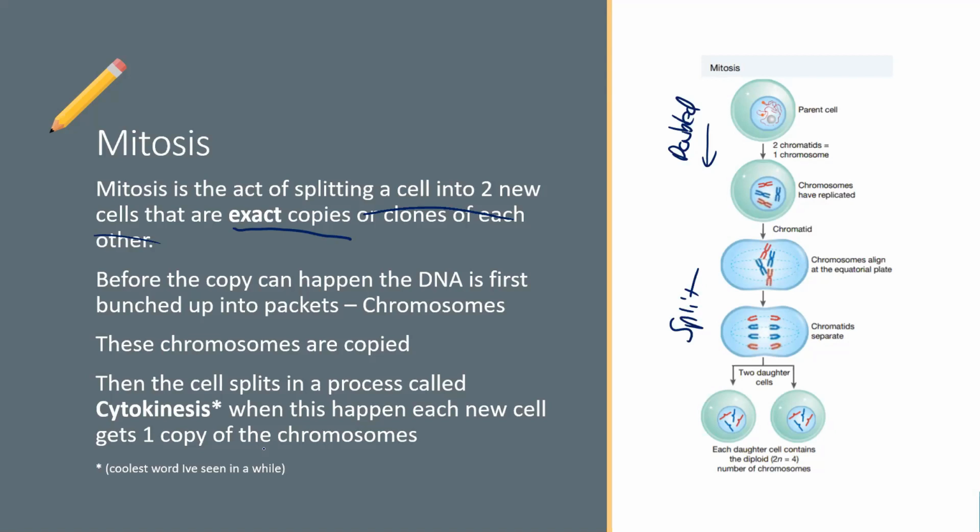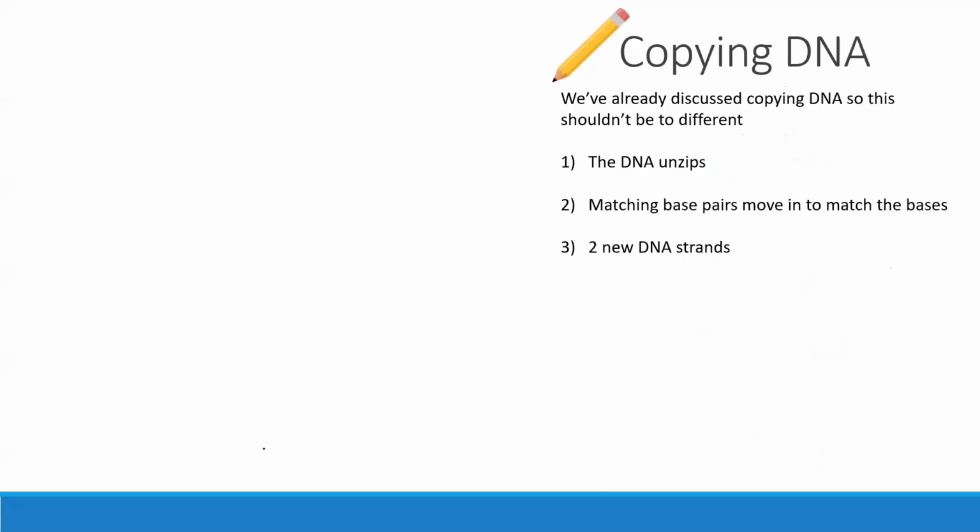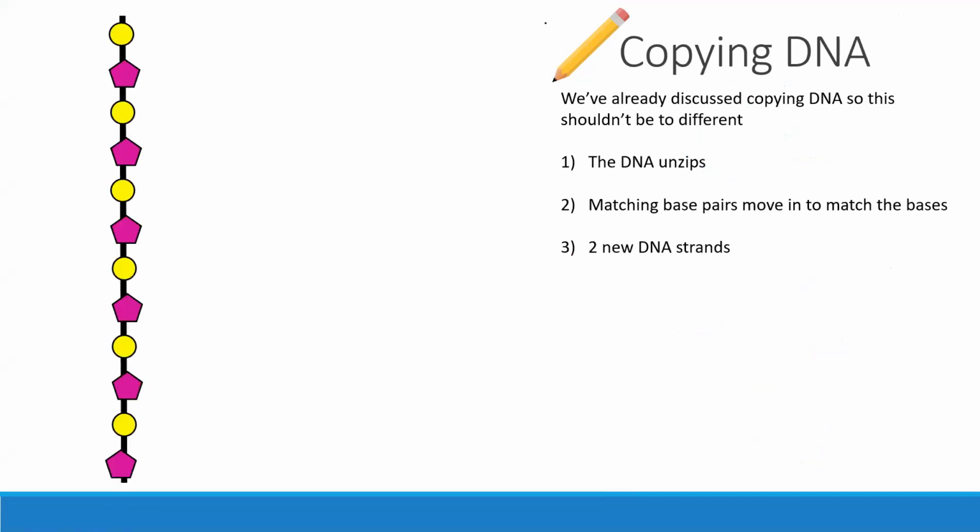So let's take a look at the process, and then we'll do the last little bit of copying down. So the process looks like, actually, no, there is a big thing that I need you guys to do. How does DNA copy? We haven't discussed this. So this is wrong.